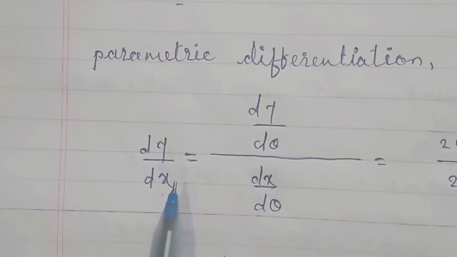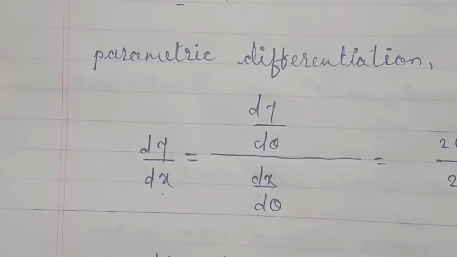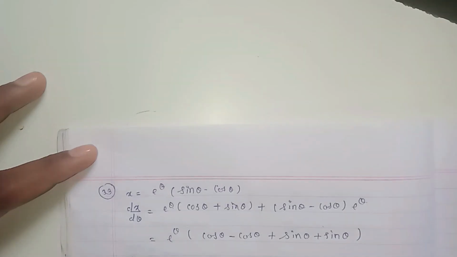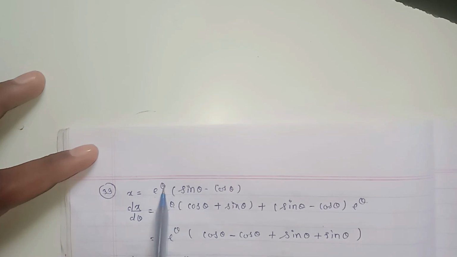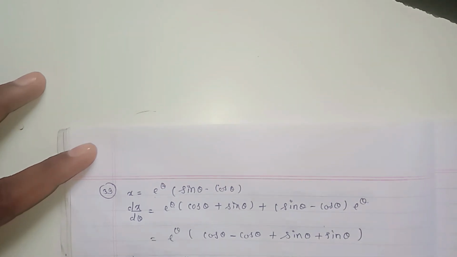Our first target is to find dy by d theta, and the second target is dx by d theta. It is just easy differentiation, and at the end we have to put theta as pi by 4. Now let's start with the first differentiation. Earlier we saw most examples where we differentiated y with respect to x.